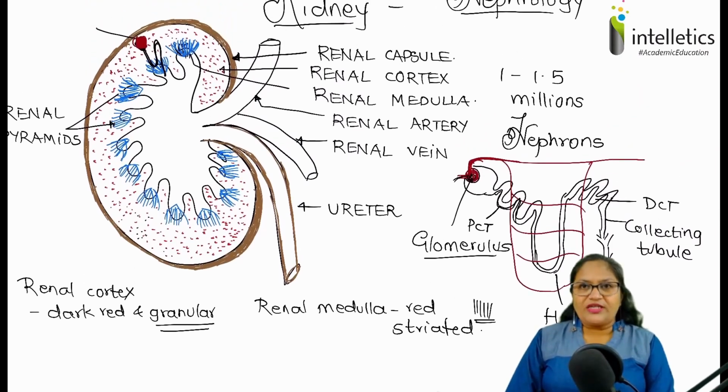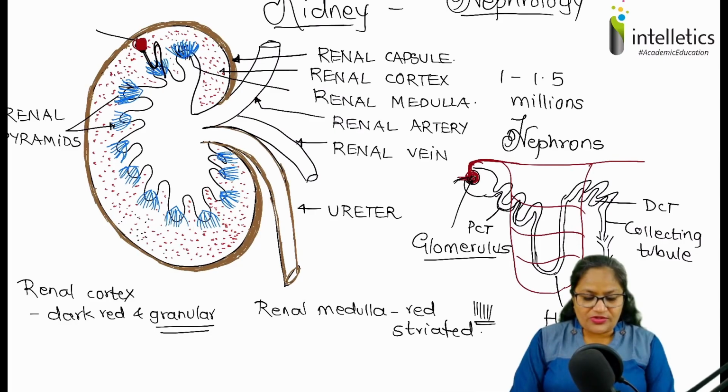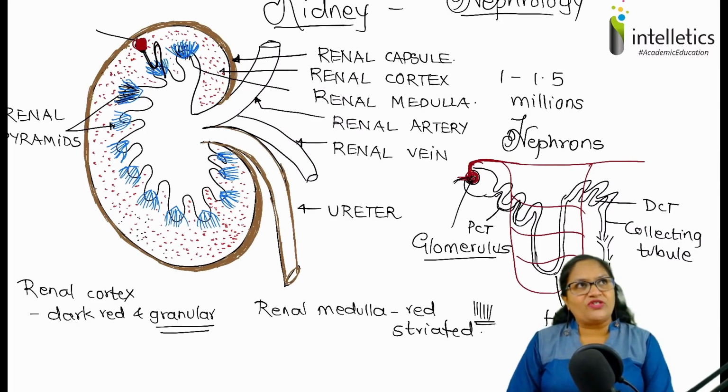Now coming to the next point, these renal pyramids, you can clearly see. There is nothing as such mentioned in our textbooks, but the minimum number of renal pyramids while we draw has to be 8 to 12. Ideally, there are 8 to 18 renal pyramids in each kidney.